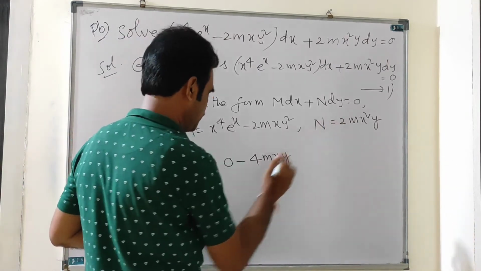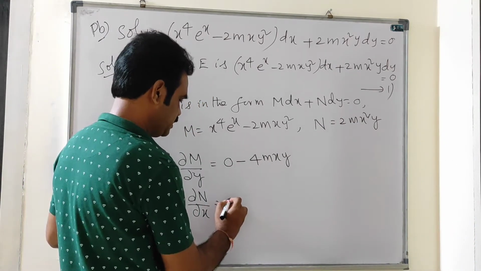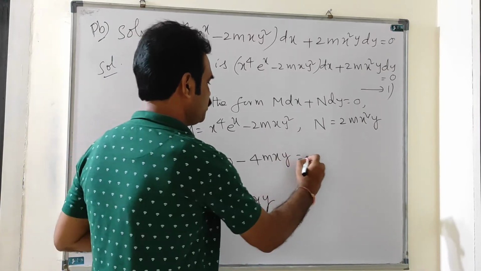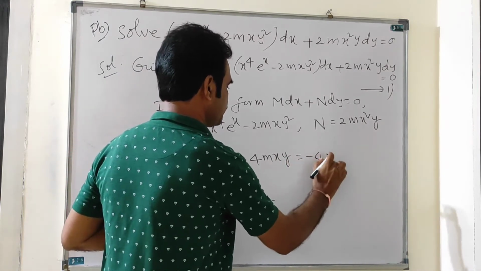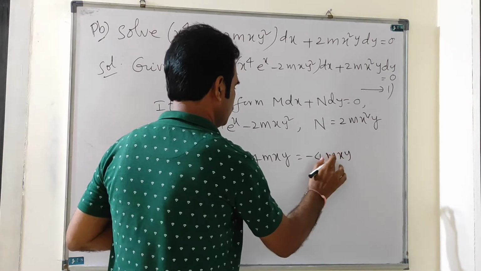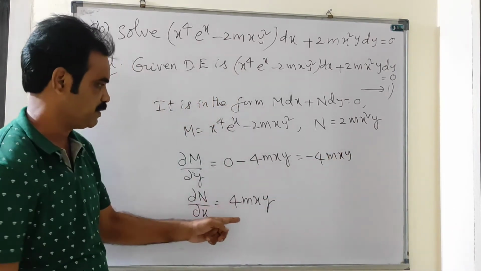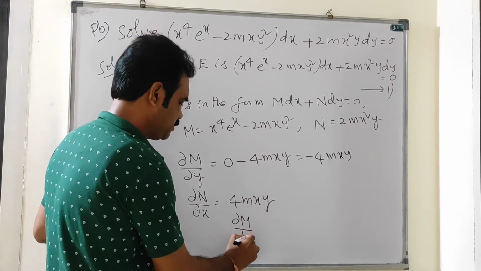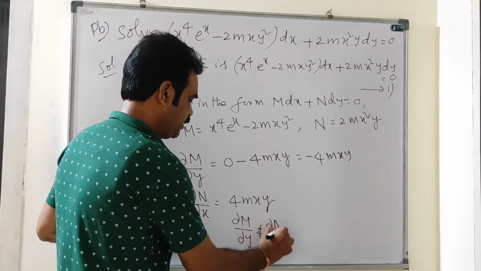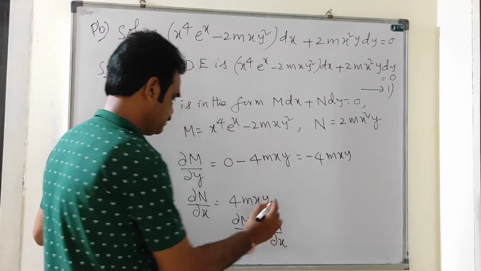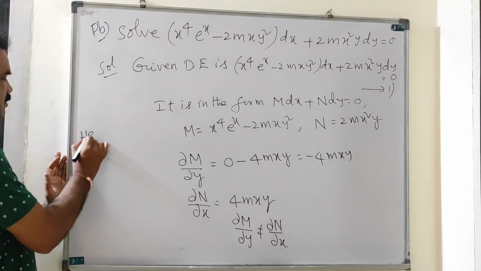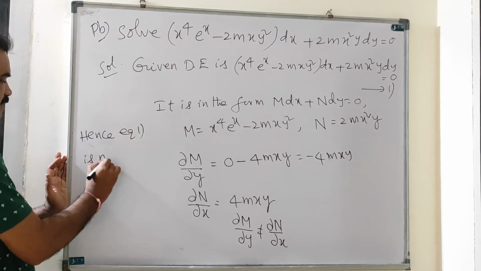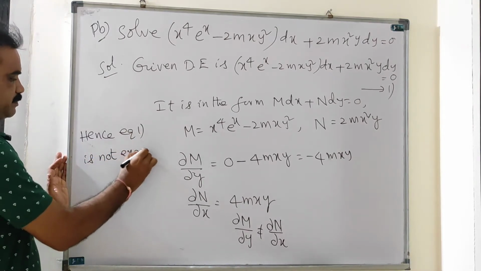Here x square derivative is 2x, so this is 4mxy. ∂M/∂y is minus 4mxy and ∂N/∂x is 4mxy. These two are not equal. ∂M/∂y not equal to ∂N/∂x. Hence, given differential equation, equation 1, is not exact.